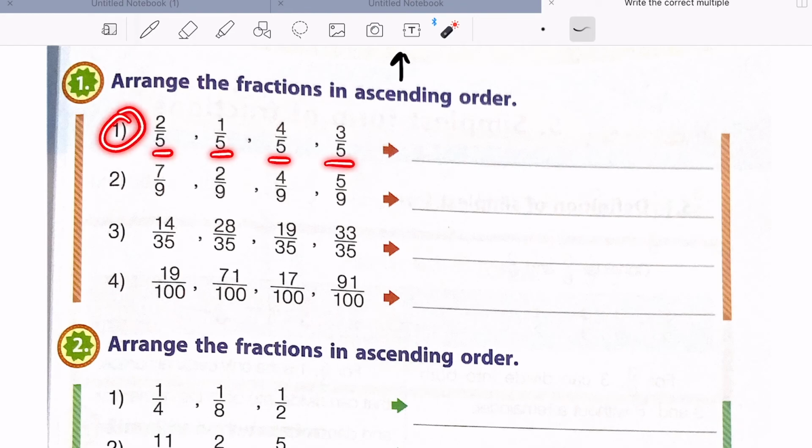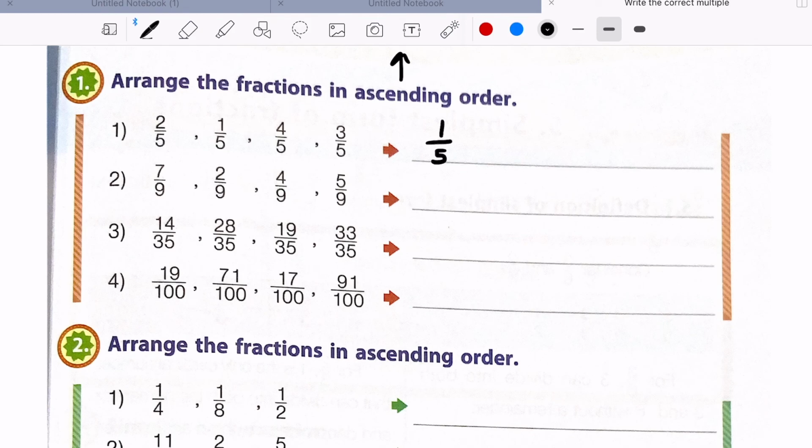So number 1, we have 2/5, 1/5, 4/5, 3/5. These are all the same, 5, 5, 5, 5, right? So we can just look at the numerators, 2, 1, 4, 3. So what goes first? Here we see 1/5 because it's the smallest.